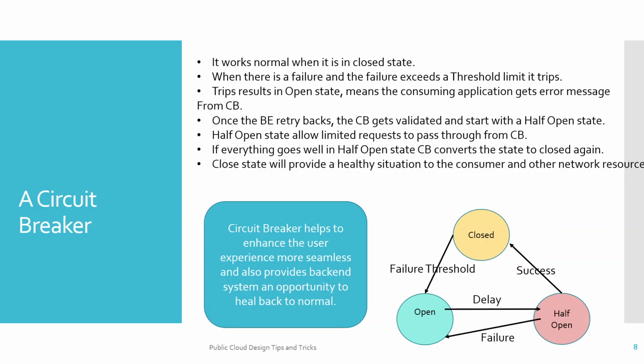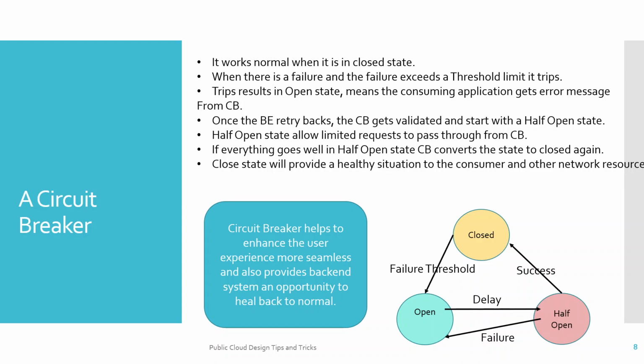Once the open state starts, the circuit breaker will stop sending requests to the backend service, and instead, for that particular time, it will start sending error messages to the client application.